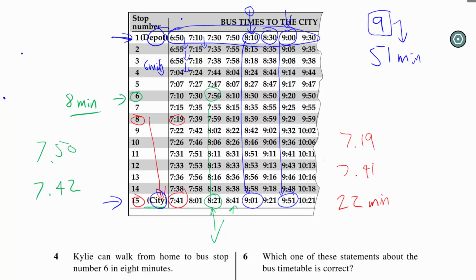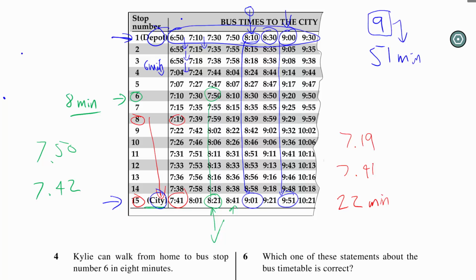So to calculate the time, we can just use our tens. If it's 8:10, it will then be 8:20, 8:30, 8:40, 8:50, then 9 o'clock, which is 50 minutes, and then it's 9:01, so it's 51 minutes.